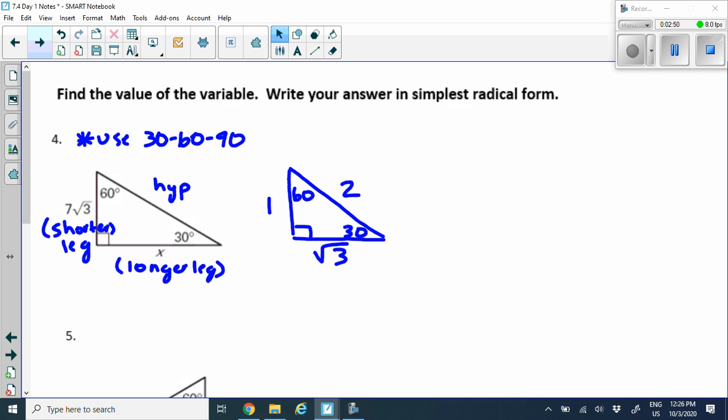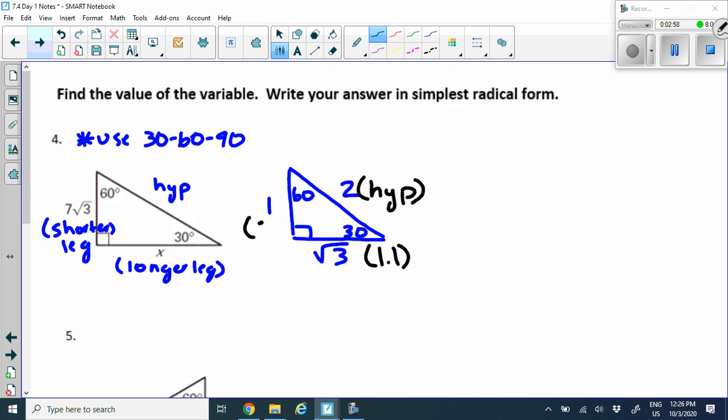I'm going to label so we remember: hypotenuse, longer leg, and shorter leg. SL, and then that's an L for longer leg.